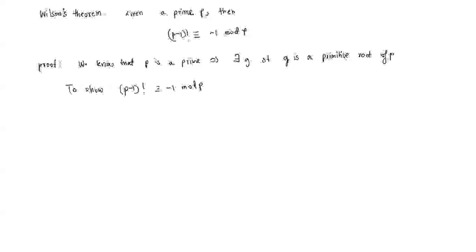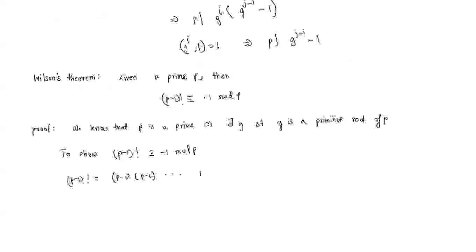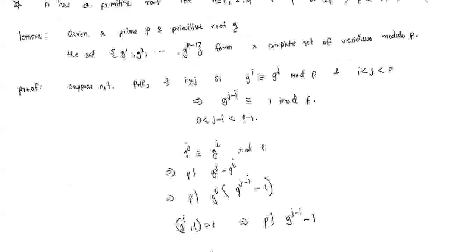So let us try to prove this. As they suggested, we know that (p minus 1)! is essentially 1 times 2 up to p minus 1. But these are just the residues of p, and we know that by the above lemma, g to the power 1, g to the power 2, up to g to the power p minus 1, this set forms a complete set of residues modulo p.